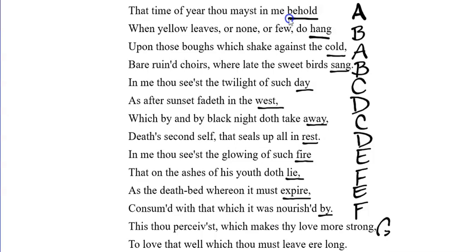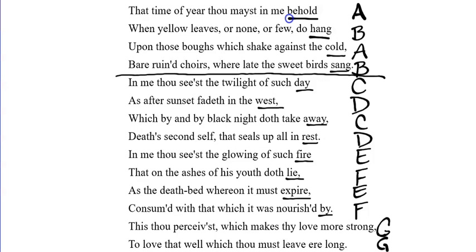All right, so let's go ahead and divide it into the quatrains and the couplet. Shakespearean sonnets are divided into 3 quatrains and a couplet, and you're going to see the change in rhyme, because a quatrain is 4 lines of poetry combined by rhyme scheme.